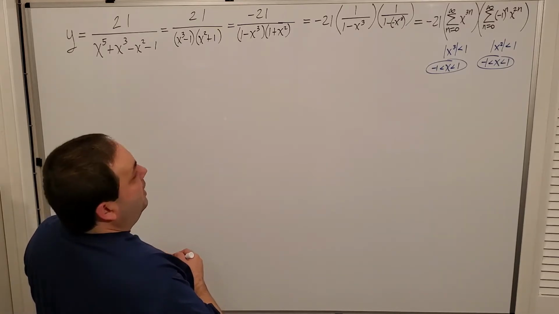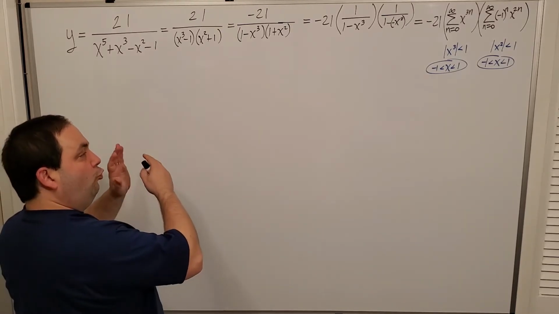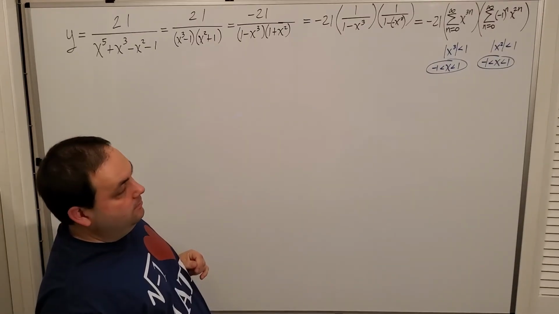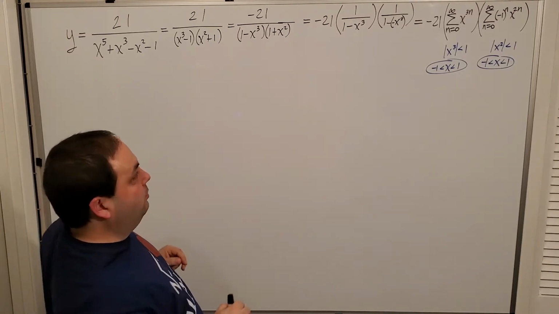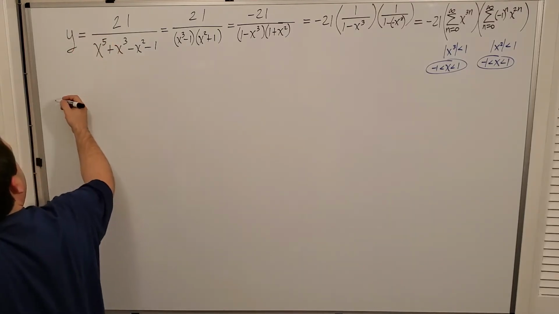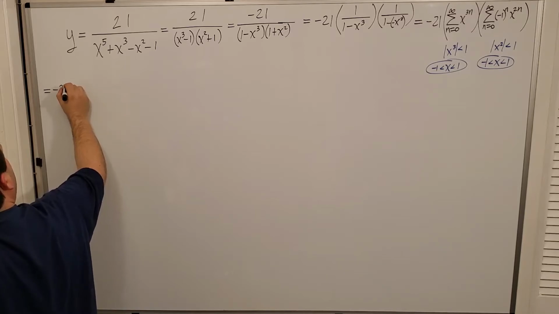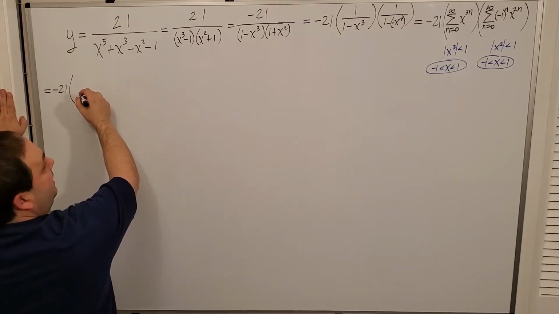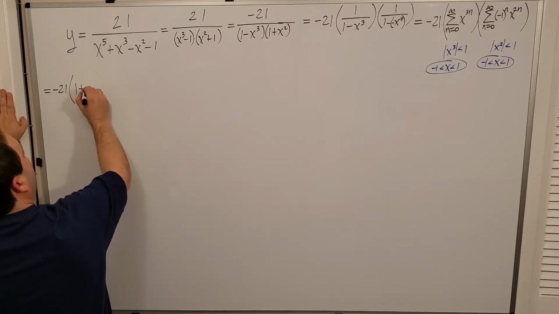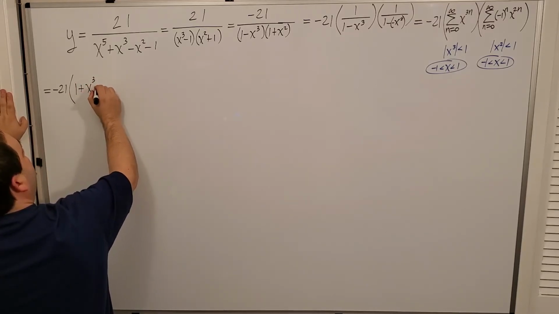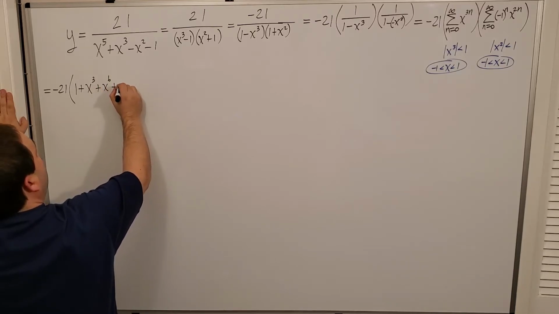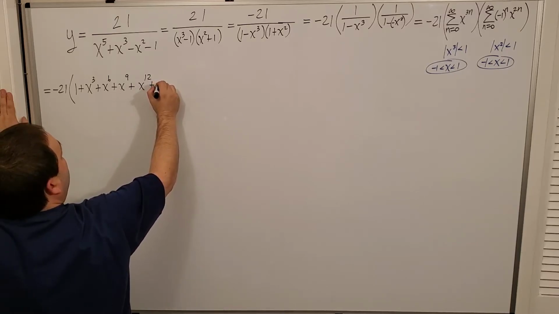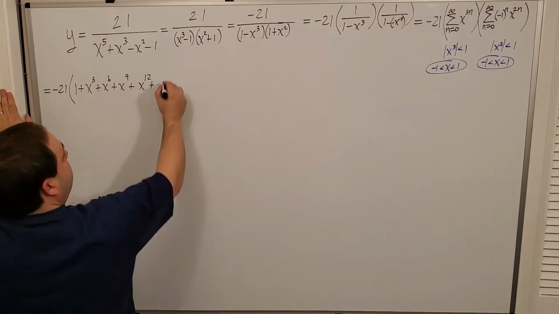So the best way to do this now is I'm going to write out a few terms of each of those power series, and then I'm going to start multiplying. So this is equal to negative 21 times the first series there. When n is 0, I've got 1 plus x to the 3 plus x to the 6 plus x to the 9 plus x to the 12, and so on.